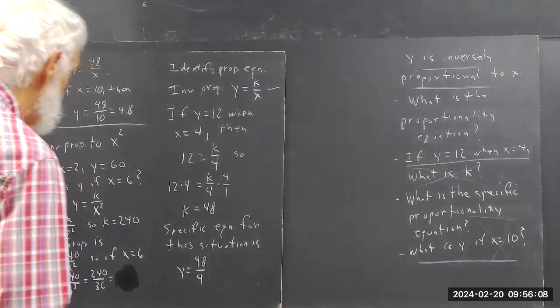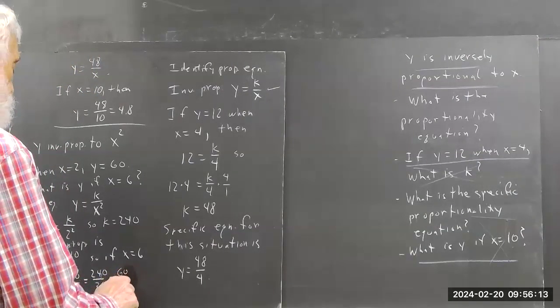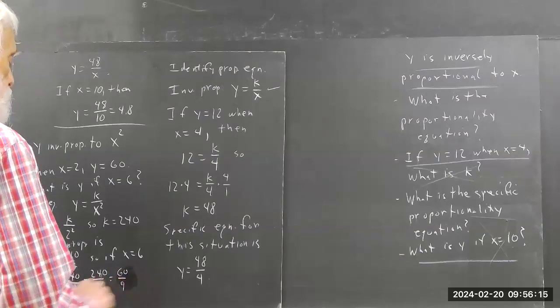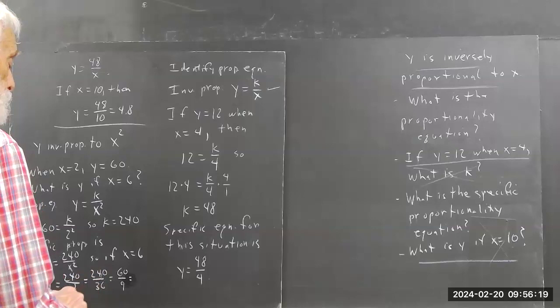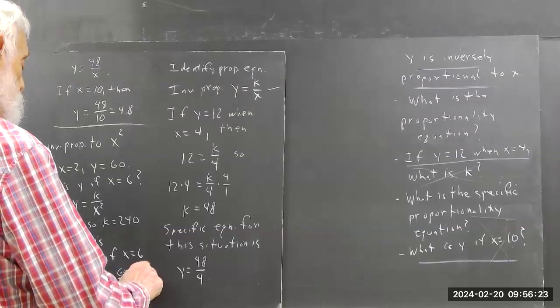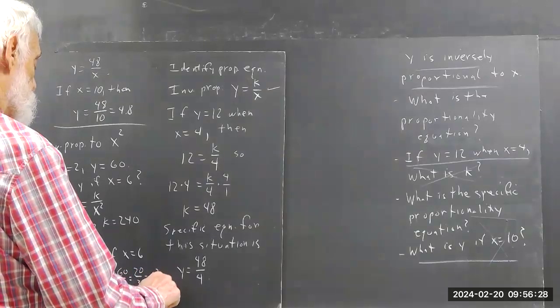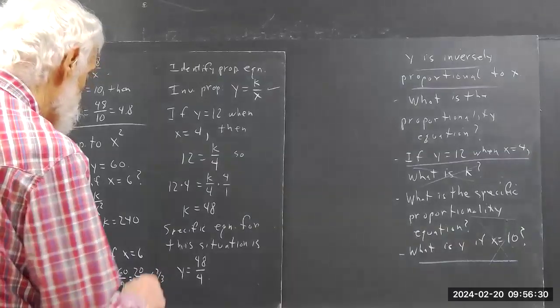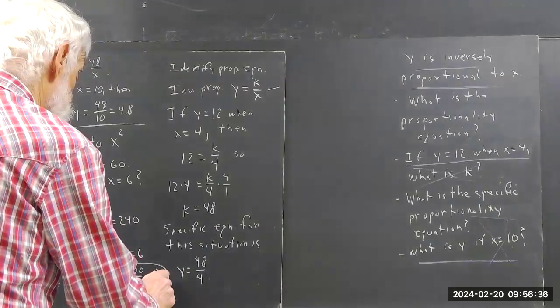So I divide both sides by 6, I get 60 over 9, and that even reduces down to 20 over 3. That's the lowest terms, and that's 6 2/3. So there we have our result.